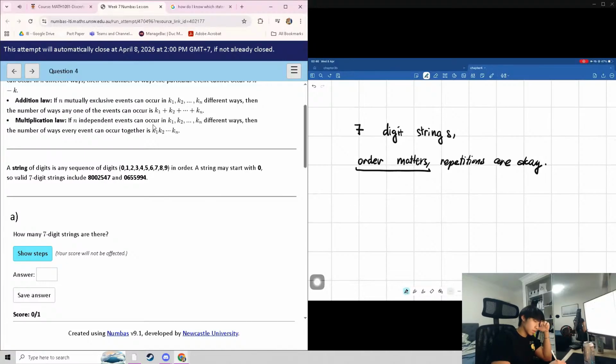So you have to choose the first digit, and there are 9 ways to do that.